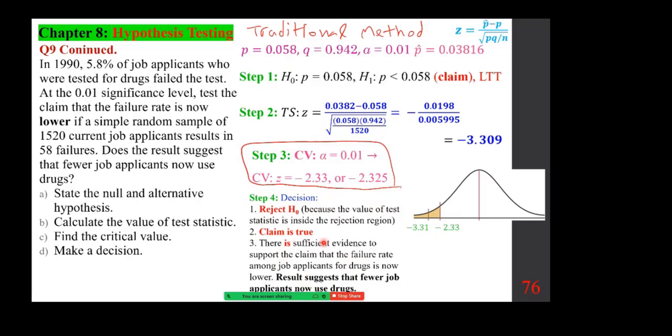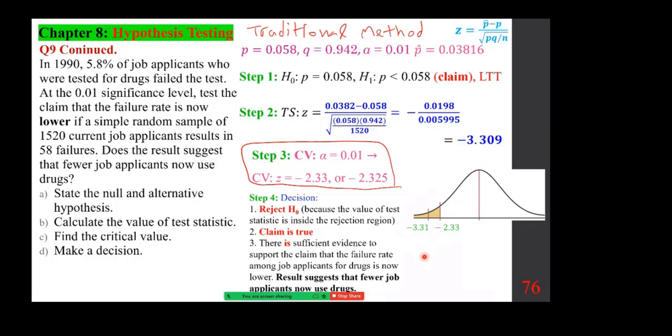What is the p-value? It really depends whether you're looking at the left tail test or the right tail test. In this case, because this is a left tail test, and you found your test statistic to be a negative value, the area to the left of that is compared to alpha.